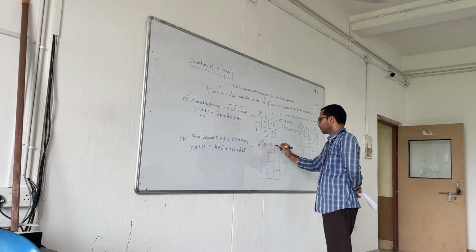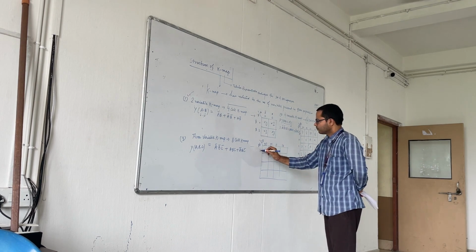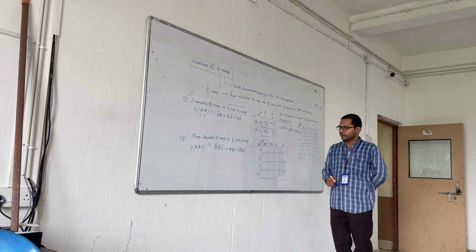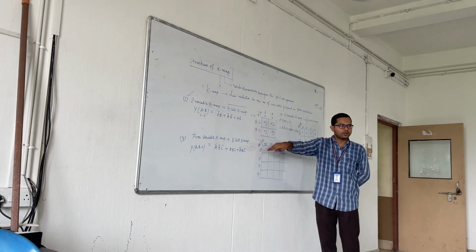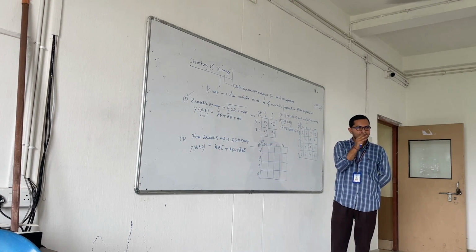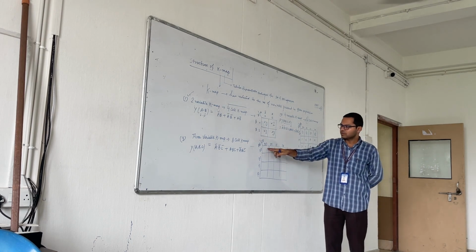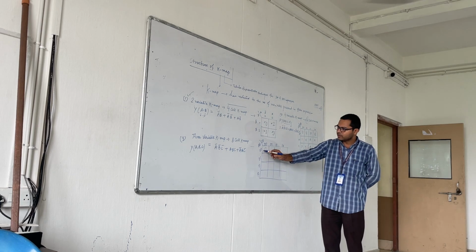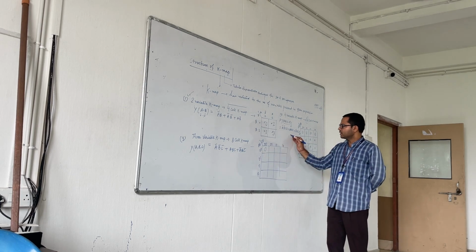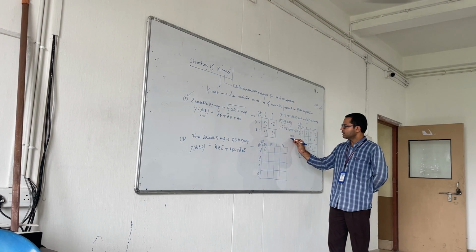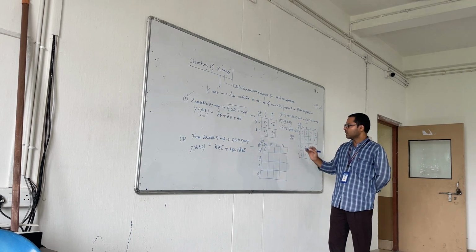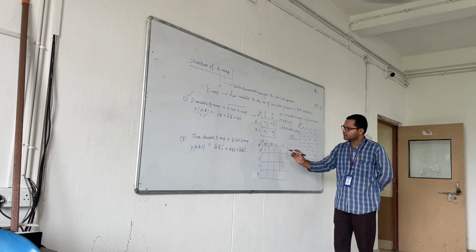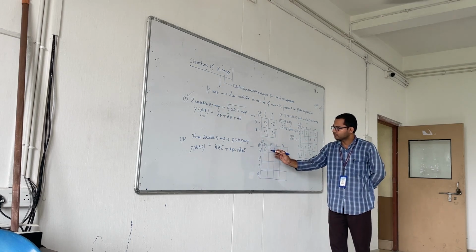Then what will happen? 0, 0, 1, 1. We have to start from here because the first variable is A, then B, then C, then D. So here there will be no change because all are 0. Here AB 0 0, CD 0 1. That means ABCD is 0 0 0 1. Its equivalent decimal is 1. That means this position is 1.